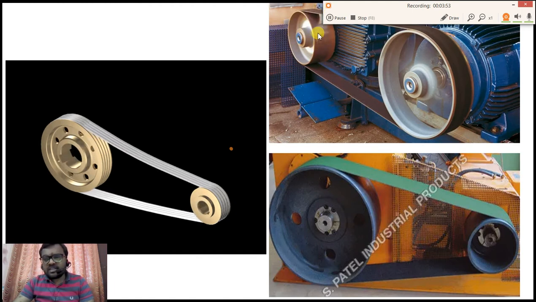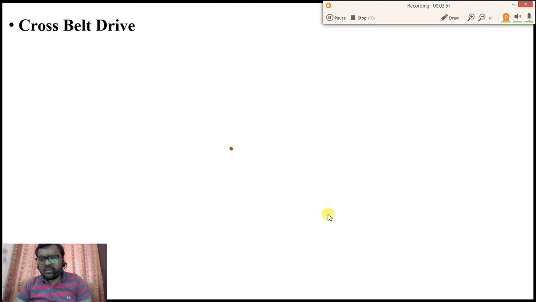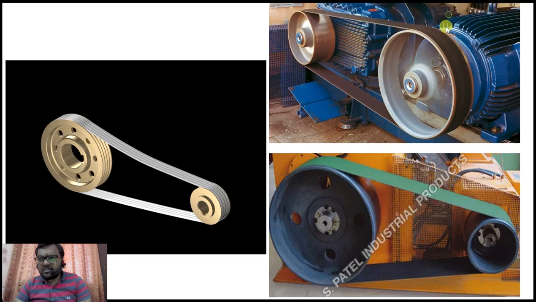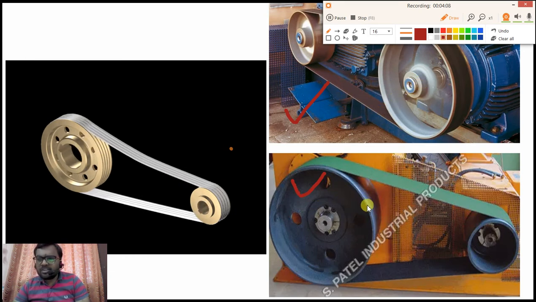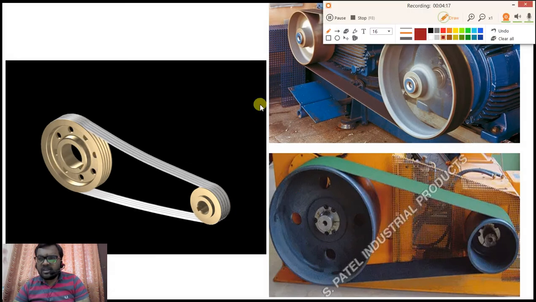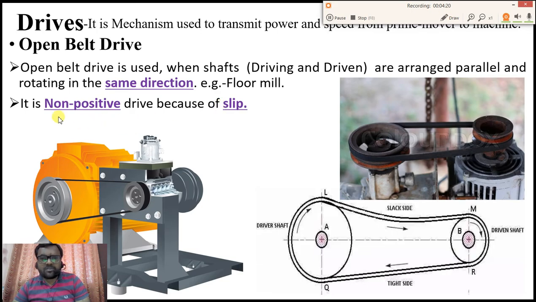Here also in second case, as well as in this case, there may be a chances of slippage of belt from pulley, because here pulley is flat, here also pulley is flat. So there may be a chances of slipping of belt from the pulley. So it is called as a non-positive drive.